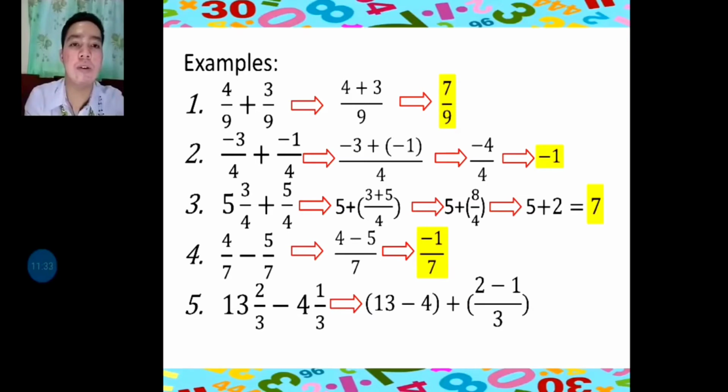Our numerator minus the second numerator, 2 minus 1, then copy the denominator, 3. Our result will be 13 minus 4 is 9, plus 2 minus 1 is 1, copy 3. So 9 and 1/3. That is our answer for number 5.